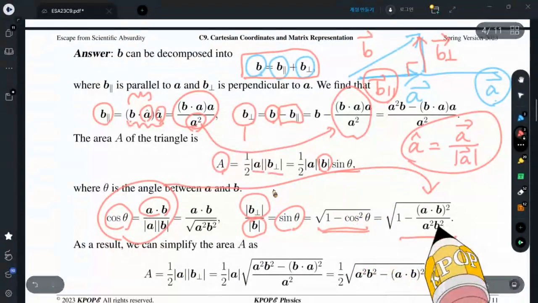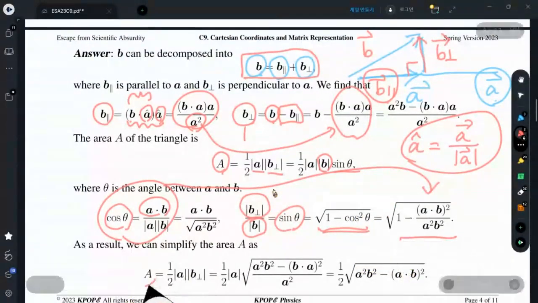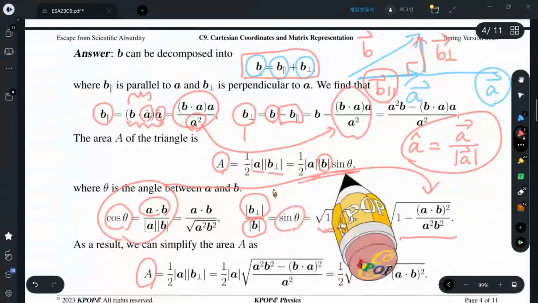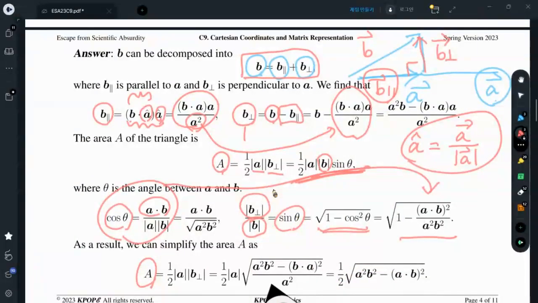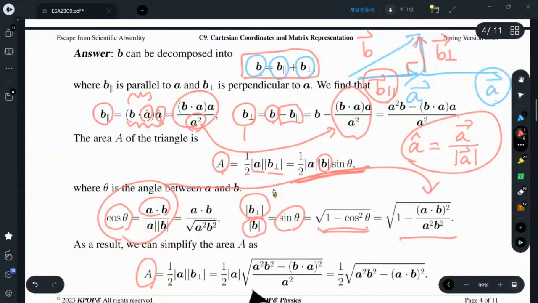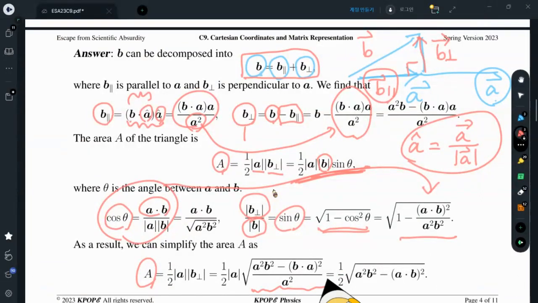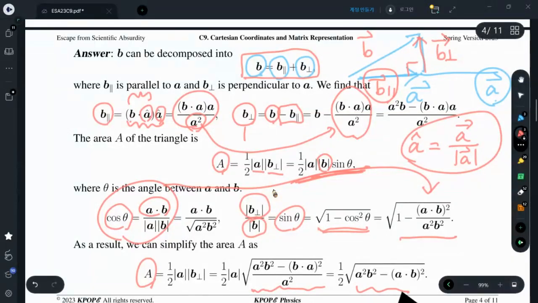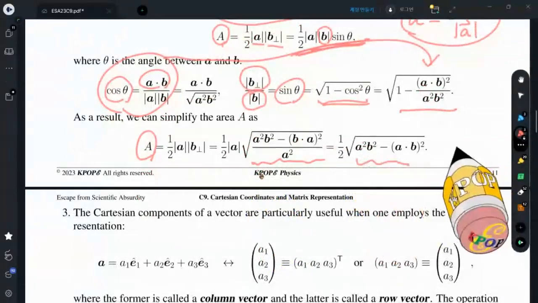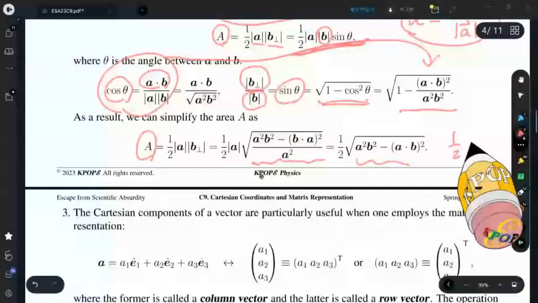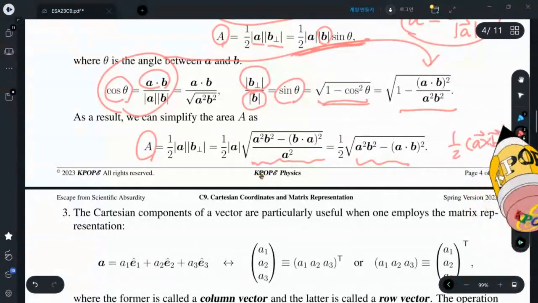As a result, we can compute the area of a triangle, expressed in terms of the angle theta, but this can be expressed in this form, or this, the same. We shall find that this is identical to 1/2 of the cross product squared.